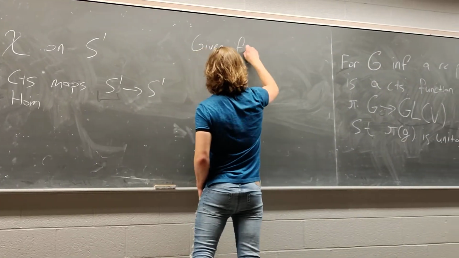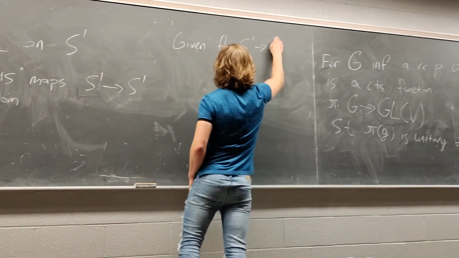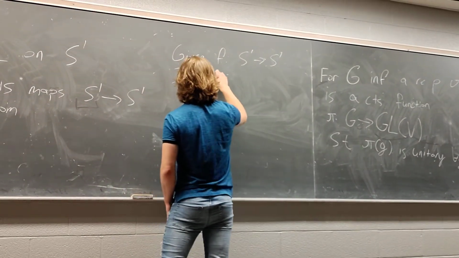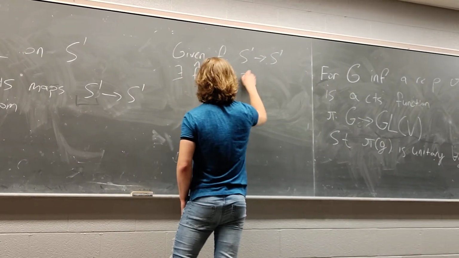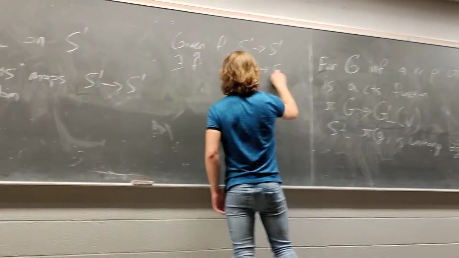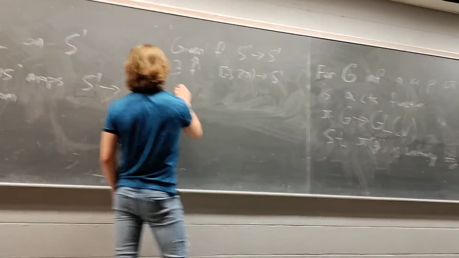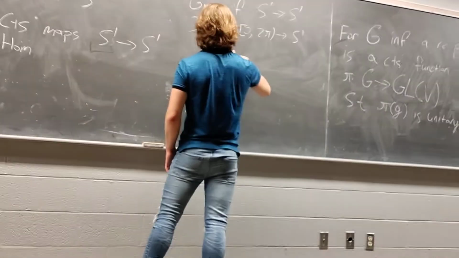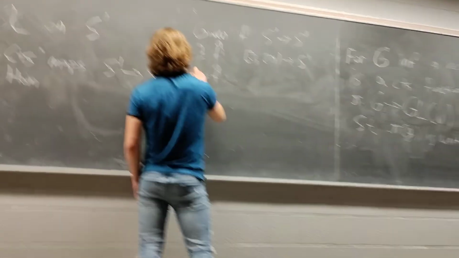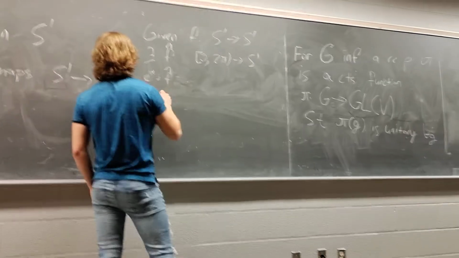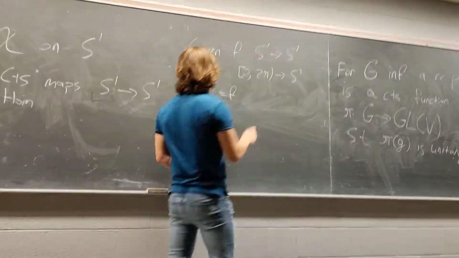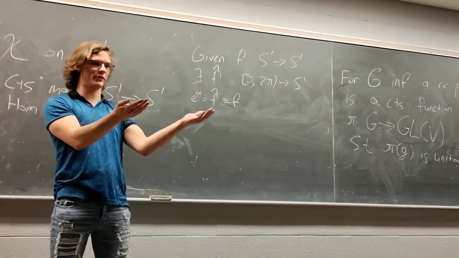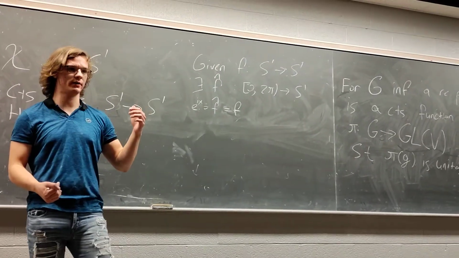Given f from S1 to S1, there exists an f hat from the real line to S1, such that f hat composed with e to the i x is equal to f. And what this is really saying is if we have a function on the unit circle, we can unwrap it and stick it on the real line and get a function whose domain is the real line.